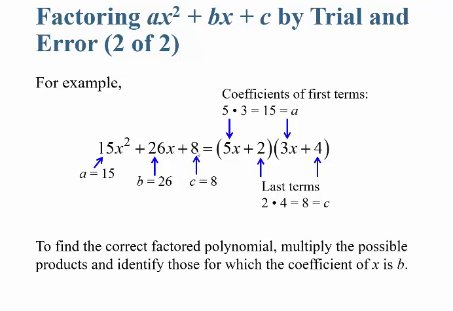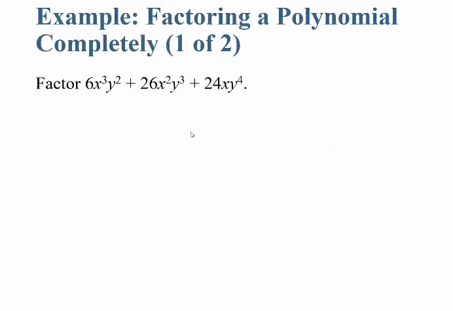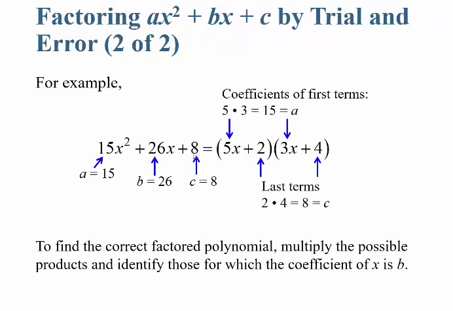Then to find the correct factoring, multiply the possible products by moving these around and identify which coefficients of x give you the sum in the middle, b. You'd have to go 5x plus 4 times 3x plus 2 and so on, 5x plus 1 times 3x plus 8, and see if any of these work out. If you do, you'll eventually get to this.